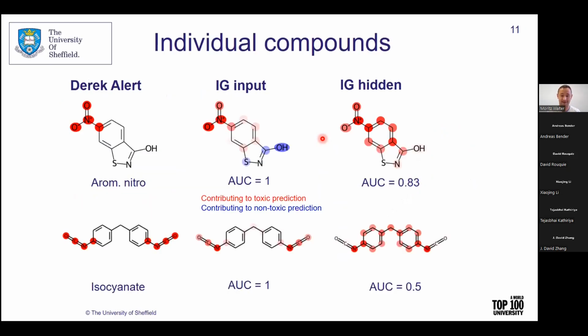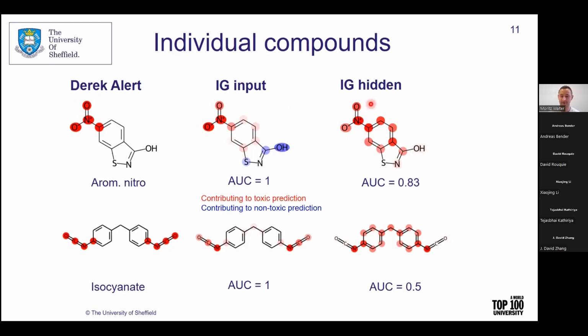Just looking at a few individual compounds now as well. First, an aromatic nitro compound. This is the Derek alert, and here are the different atom attributions we get with the two methods. IG input gives a perfect AUC score of 1, which means that all atoms that belong to the alert have a higher attribution than all the other atoms.